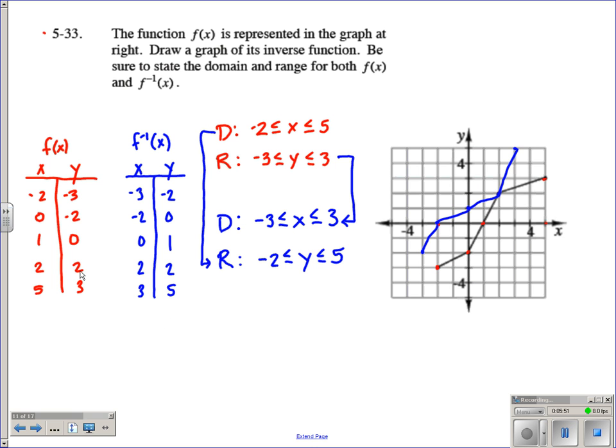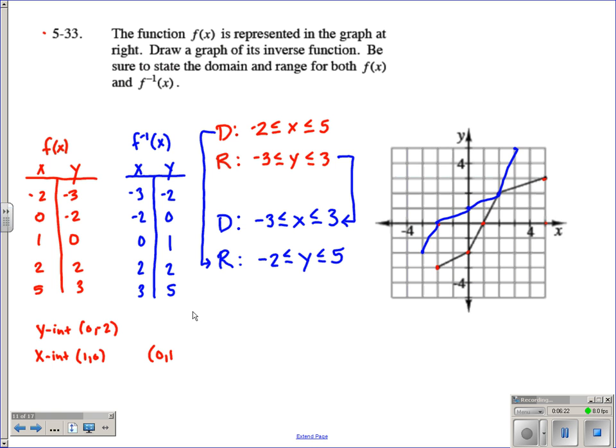A couple other things you could point out here for our red function. Our y-intercept is 0, -2, and our x-intercept is 1, 0. When we flip-flop our coordinates, we end up with 0, 1.